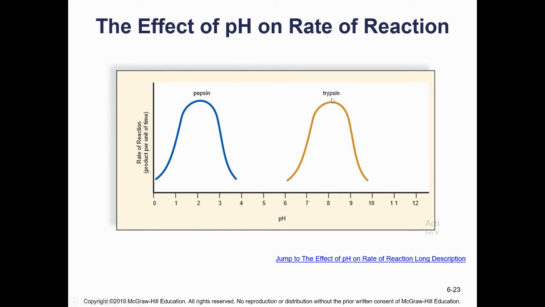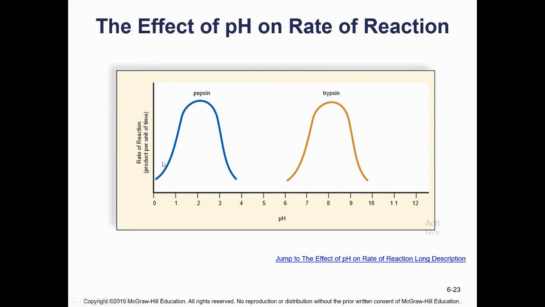So depending on where the enzyme normally functions, so trypsin, which works in our small intestine, which is slightly basic, has its optimal function at a pH of around 8. Pepsin, which works in our stomach with our stomach acid pH of 2, has its optimal rate of activity at a pH of 2.